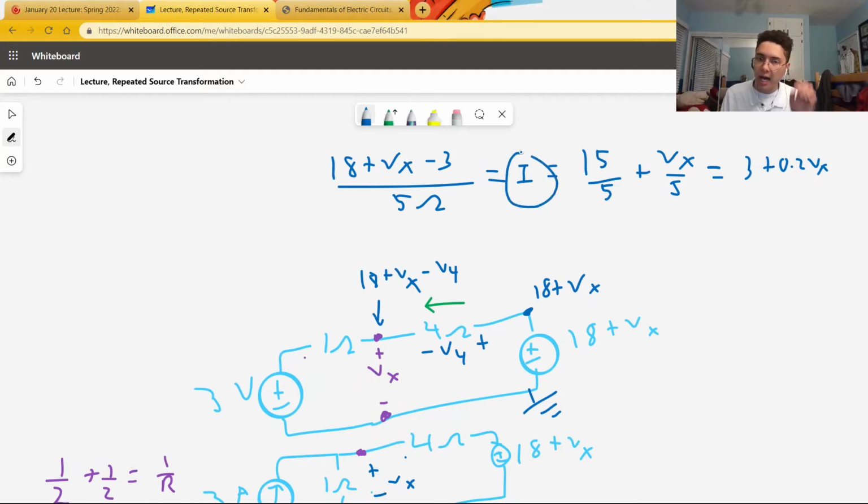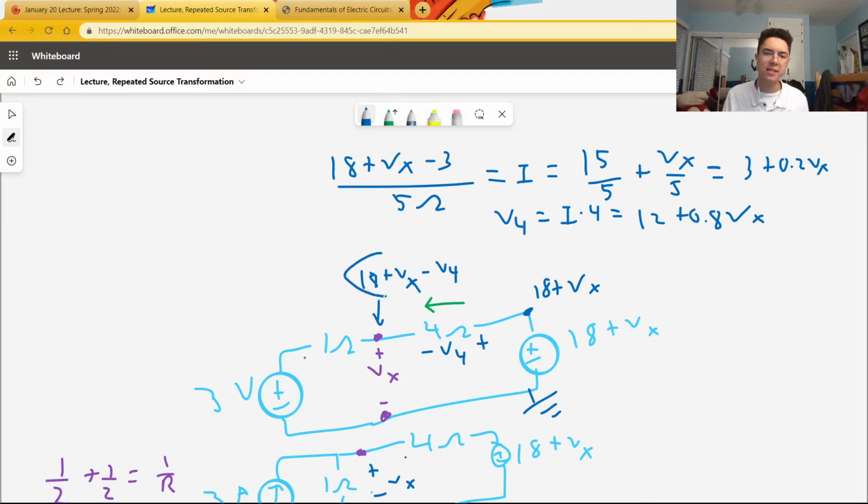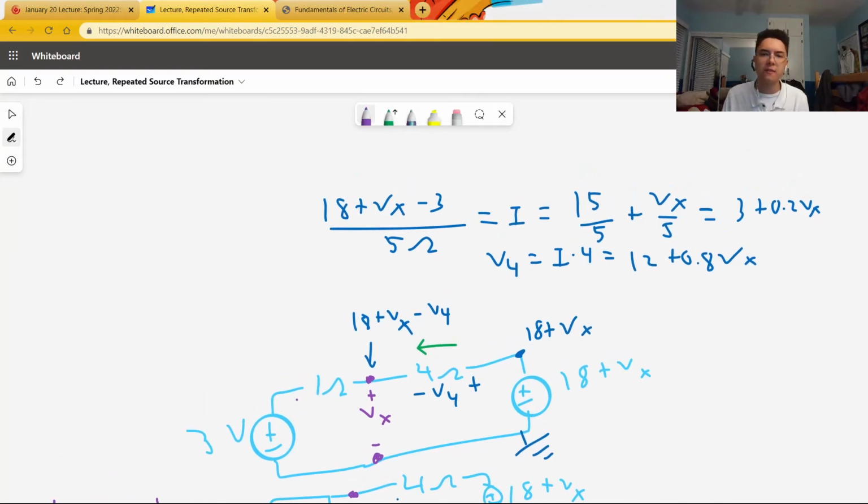And now that we know what I is, we can multiply I times R to get V4. So V4 is equal to I times 4, which is equal to 12 plus 0.8 Vx. So we know that Vx is equal to 18 plus Vx minus V4. We know what V4 is, so let's substitute all of this into an equation, which I'll do a little bit higher.